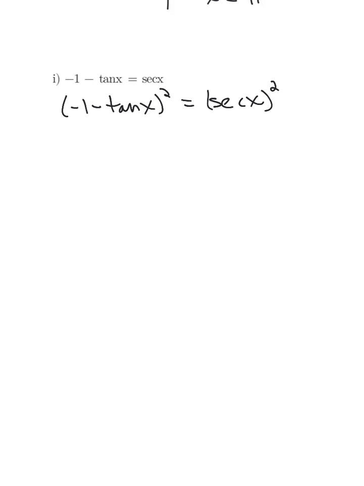Be careful, because on the left, when you have -1 minus tangent of x squared, remember that means that you are taking that quantity times itself. And that is going to take FOIL.